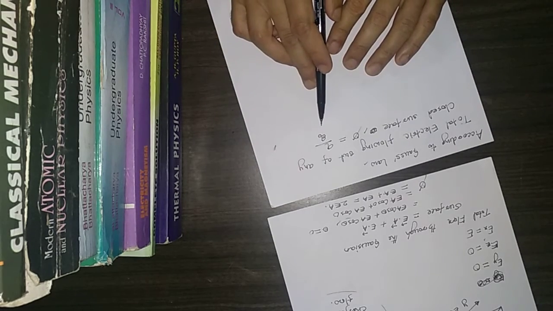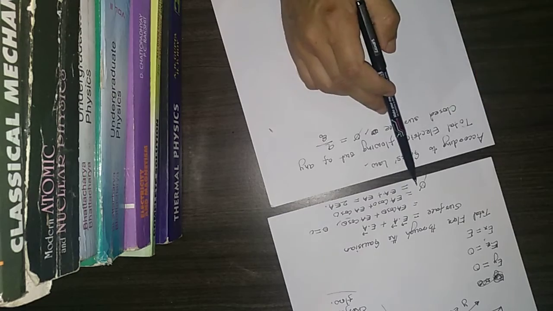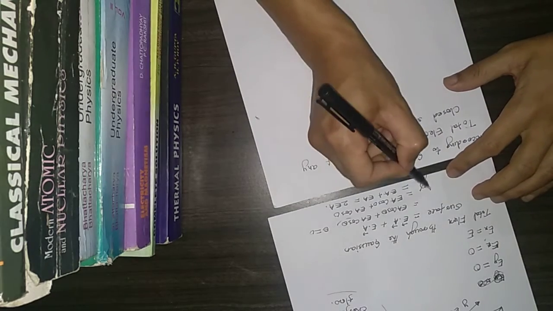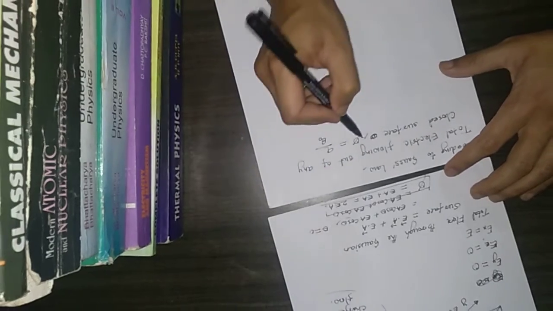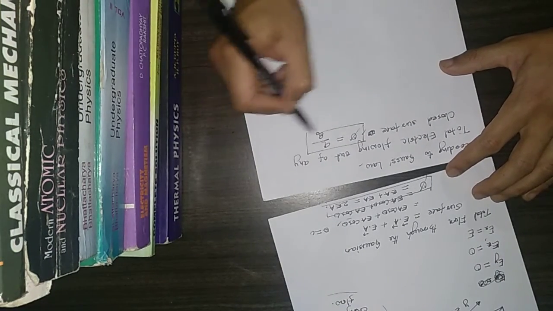So this is our Gauss's law. Through the flux we have calculated phi to be equal to 2EA, and from Gauss's law this phi is equal to Q by epsilon naught.